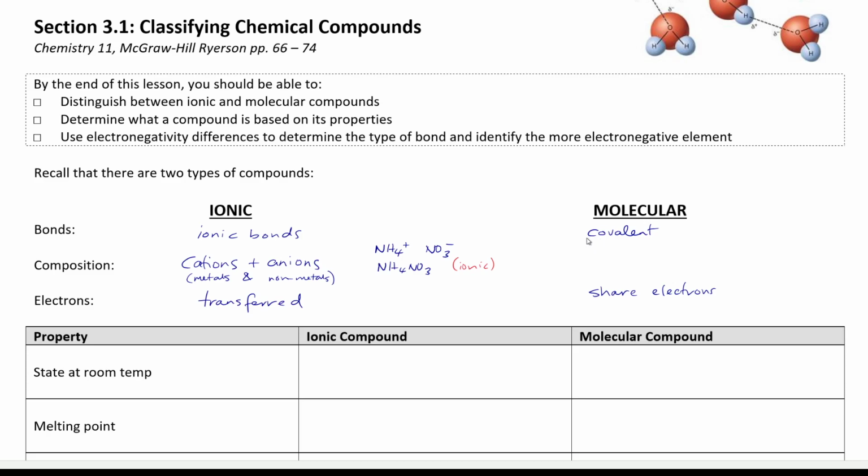So co-editor, sharing; valent, like the valence electrons, so sharing covalent valence electrons. Most molecular species or most molecular compounds are made up of nonmetals.